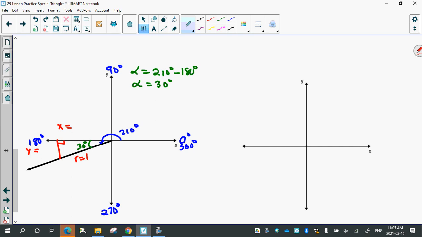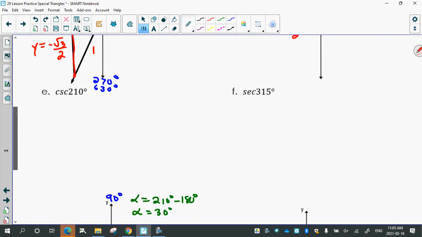What did you get for x for this triangle? Negative root 3 over 2, yep. And for y? Negative 1 half. Yes. Any questions about how to get the sides? No? Okay, so now we just need to figure out what ratio we're talking about.